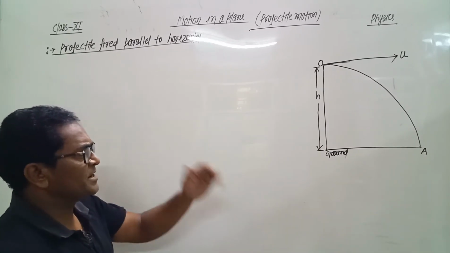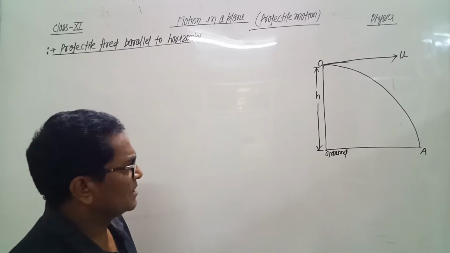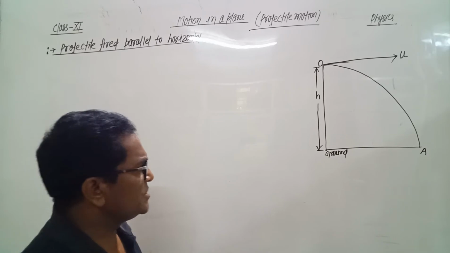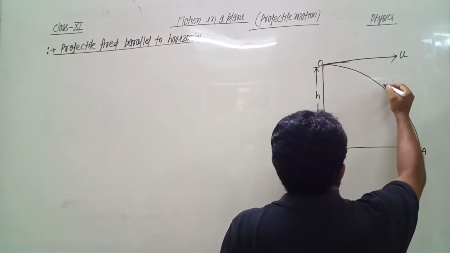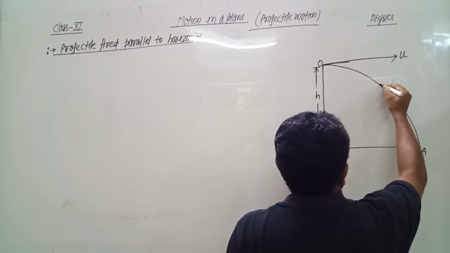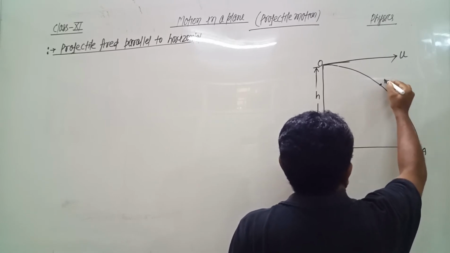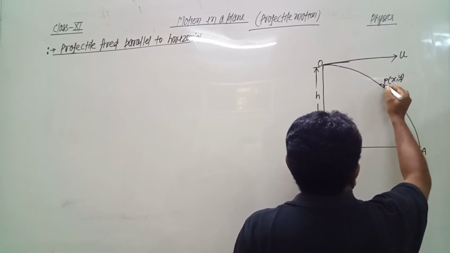A projectile is fired horizontally with velocity u. Suppose after time t, the body is at point P and the coordinate of point P is x, y.